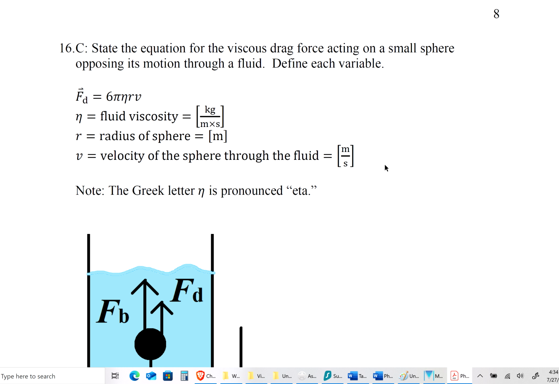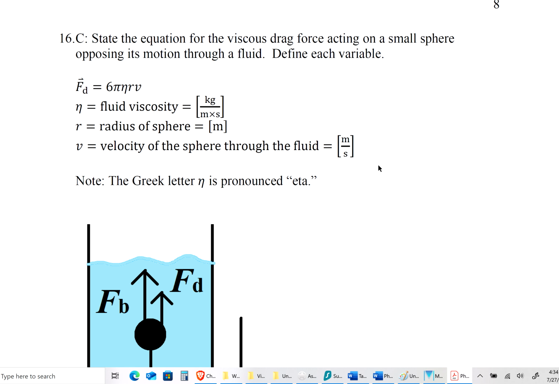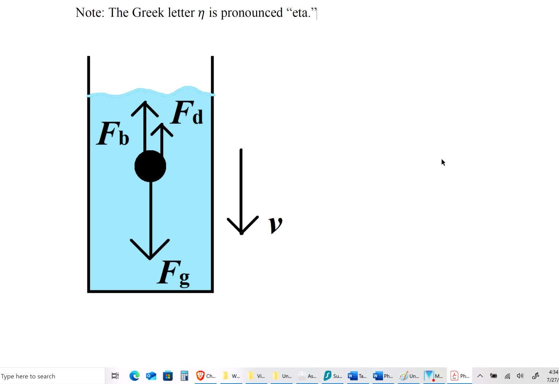The thicker the fluid is, the greater the fluid viscosity is. R is the radius of the sphere, V is the velocity of the sphere through the fluid. The Greek letter eta looks like an n. Imagine the sphere moving down. The force of gravity is down. Buoyant force is up. Force of drag is up.